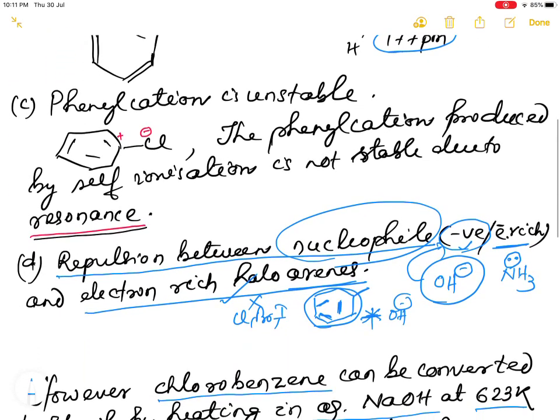Third point, phenyl cation is unstable. During self-ionization of chlorobenzene, a positive charge can develop over here and a negative charge over here, but this phenyl cation is not stable due to resonance.